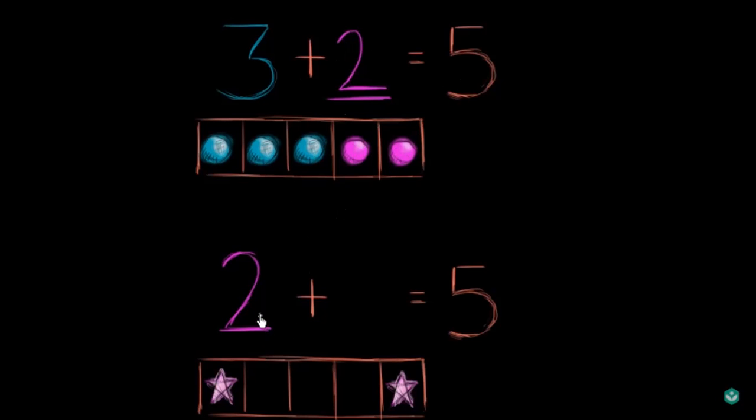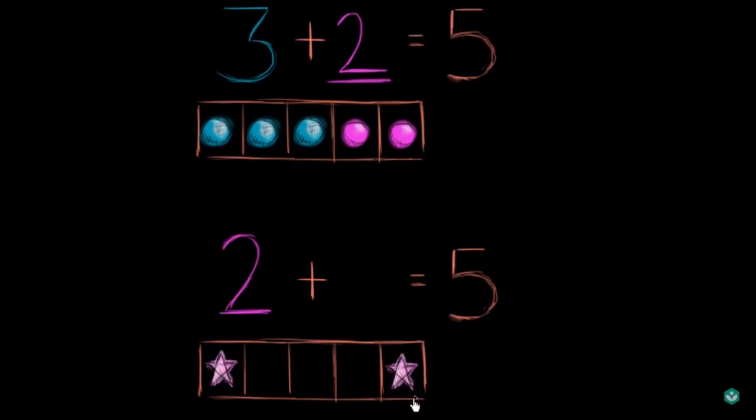Now over here we have 2 plus some mystery number is equal to 5 again. And once again, we have 5 spaces, and 2 of them are filled in with these purple pink stars. So how many more do we have to fill in order to fill in all 5 boxes? 2 plus what is equal to 5? And I encourage you to pause the video and think about it. So I'm assuming you've had a go at it.